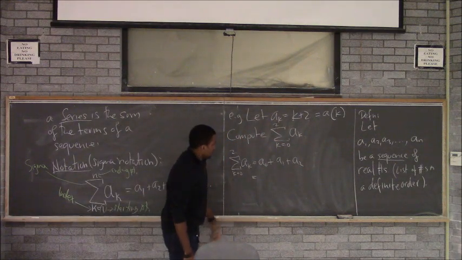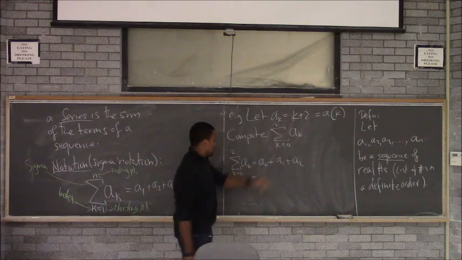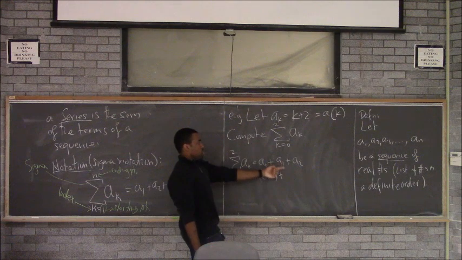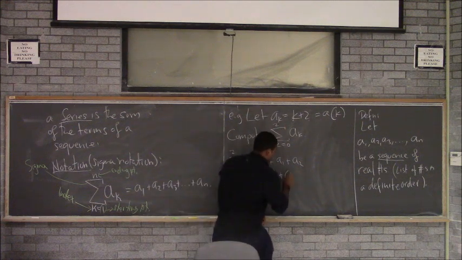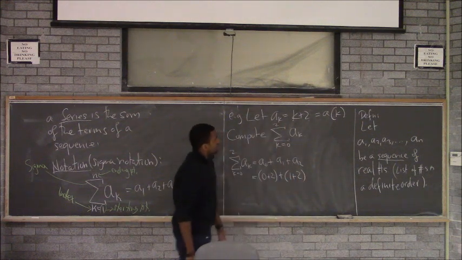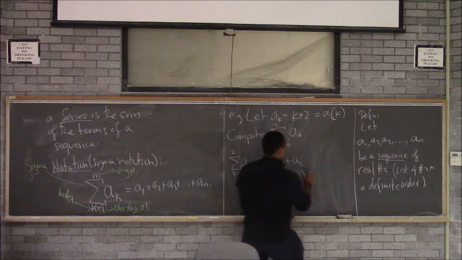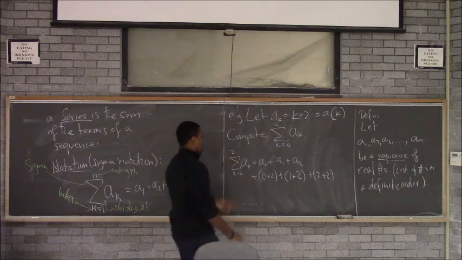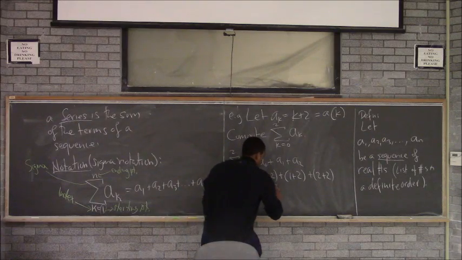And so what this means is a sub 0 means I'm going to plug in k equals 0. Plus a sub 1 means I plug in k equals 1. Plus a sub 2 means I plug in k equals 2. So this would be 2 plus 3 plus 4.